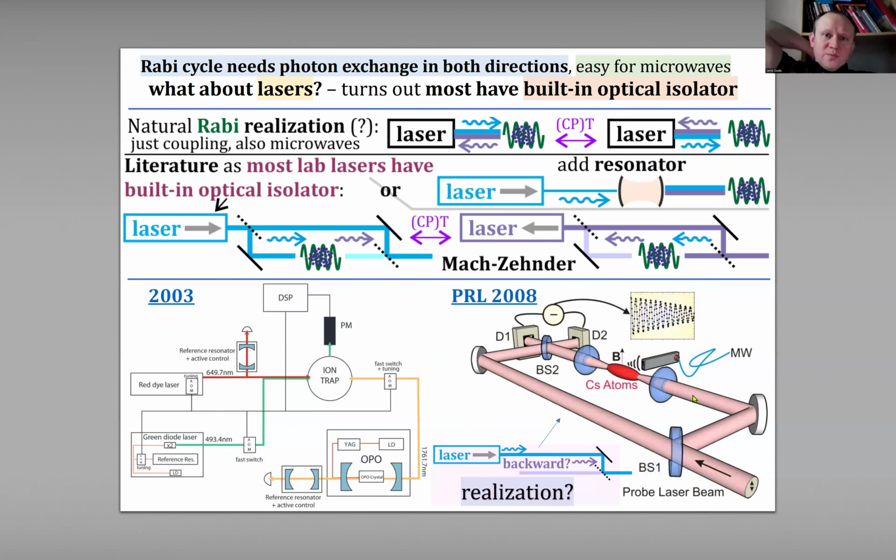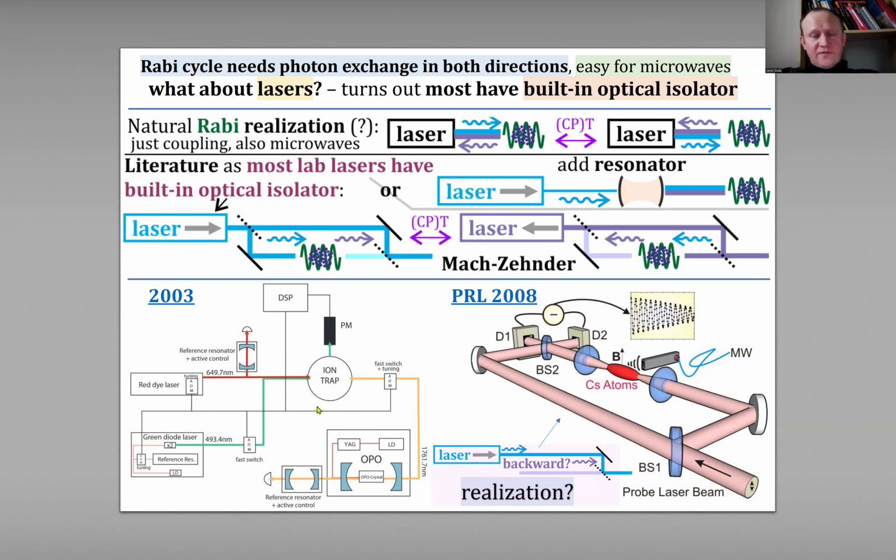The problem is that lasers usually have a built-in optical isolator, which forbids one direction of photons. Naively, we would like to have this resonator like here, a direct realization. Looking in the literature, I found two approaches that go around this problem.